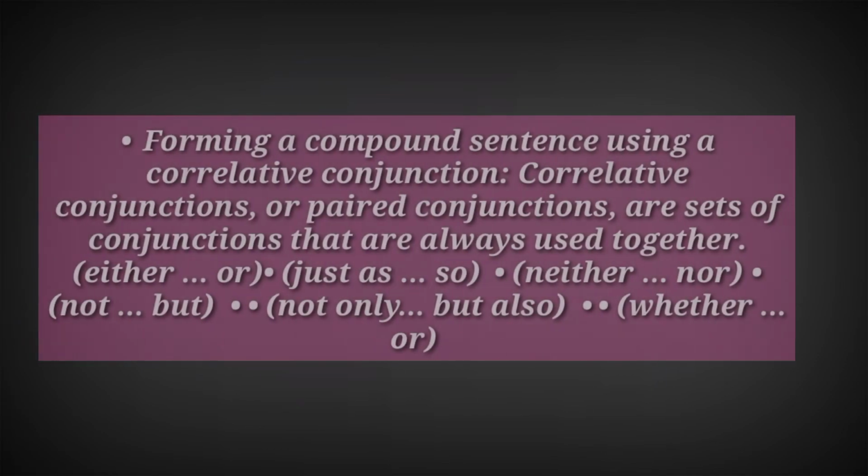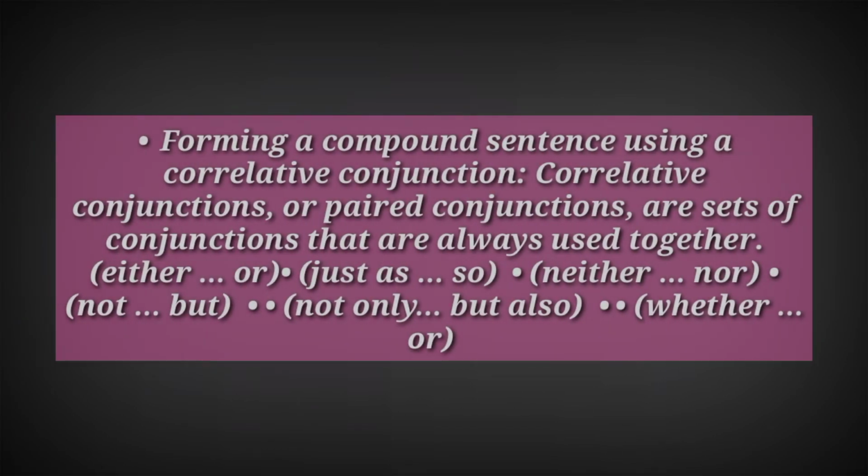Some of the most common correlative conjunctions are either/or, just as/so, neither/nor, not/but, not only/but also, whether/or.